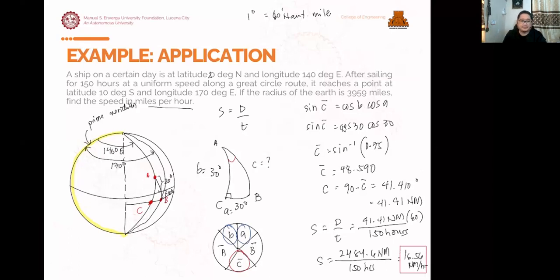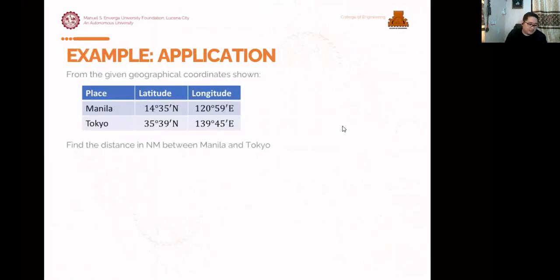Okay? Question natin dito. Okay? Then yung last is another application pero I want you to try. So, same concept din, pinapahanap lang naman dito is yung distance in nautical mile between Manila and Tokyo.